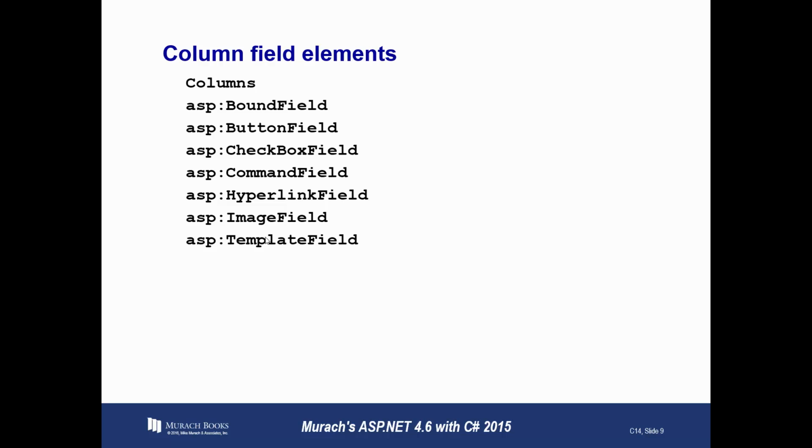Button field, which displays a button. Checkbox field to display a checkbox. Command field, which you use typically for select, edit, delete, update, or cancel buttons. Hyperlink field, which displays a hyperlink. Image field to display an image. And template field that lets you create a column with custom content.